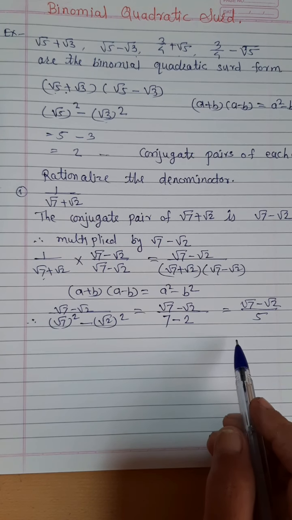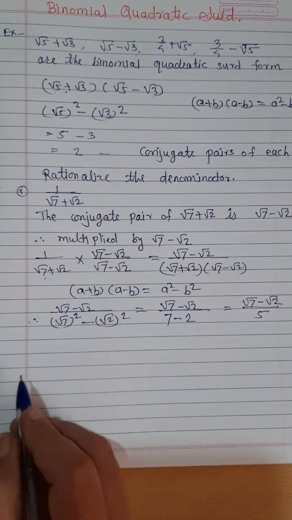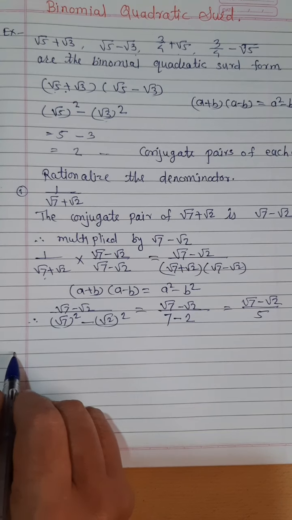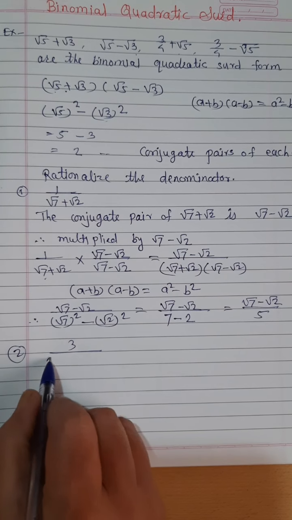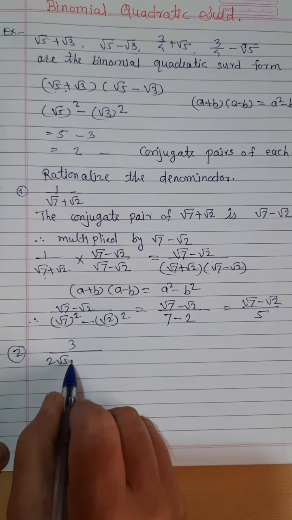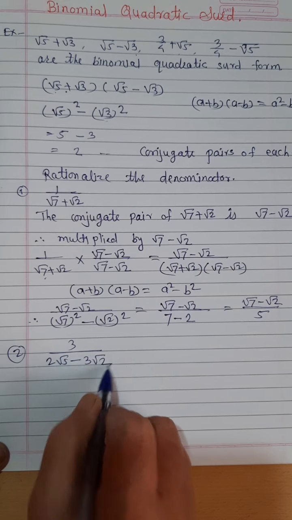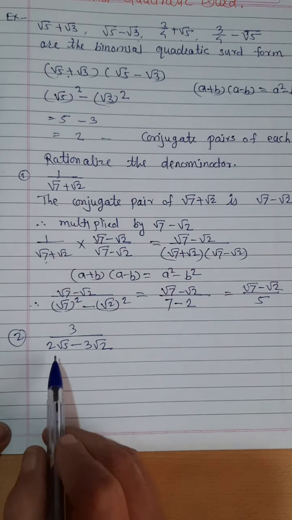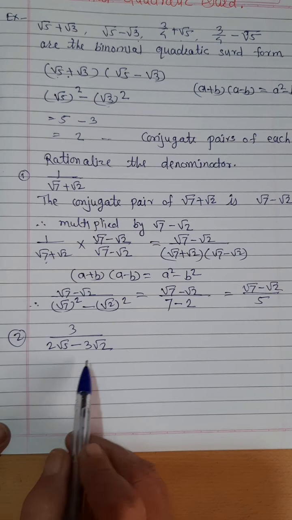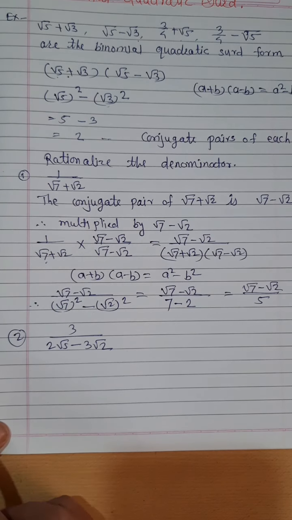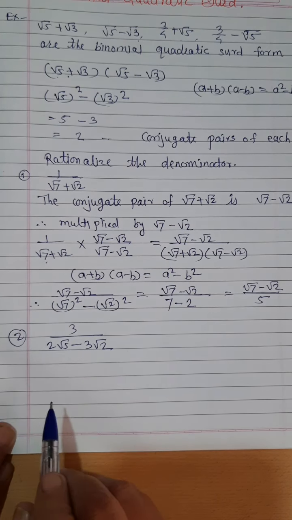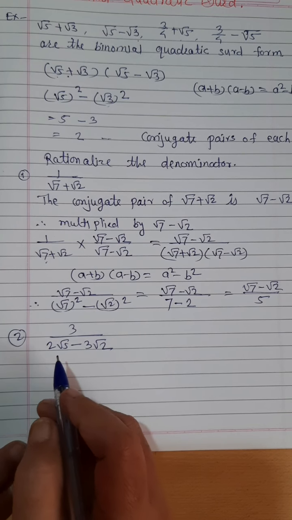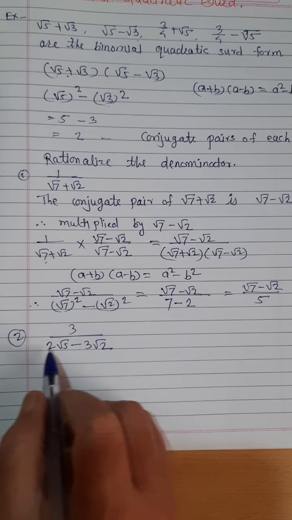Again consider one more example. Next example, 3 upon 2 root 5 minus 3 root 2. Again its conjugate pair is 2 root 5 plus 3 root 2. Therefore multiply by the conjugate pair.